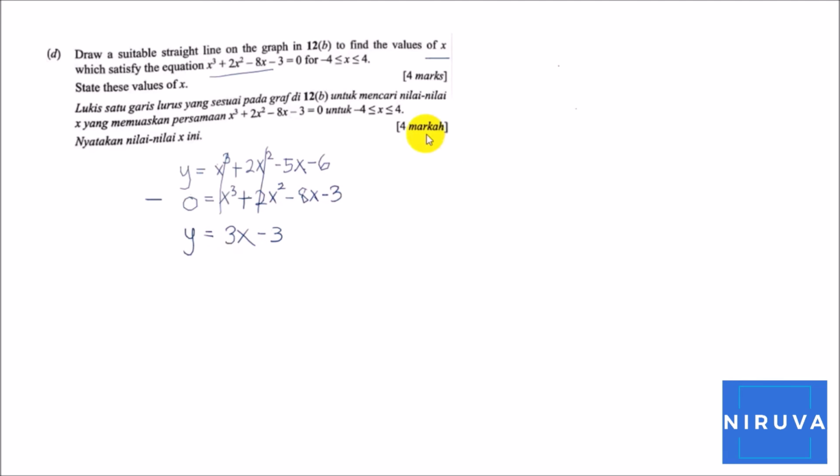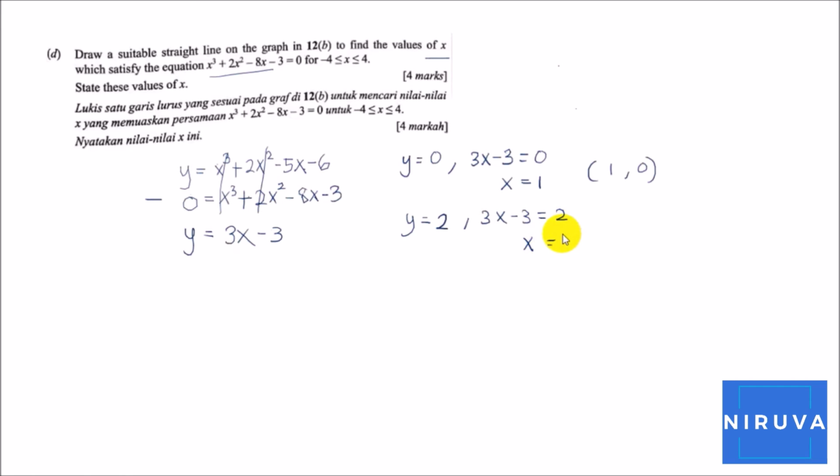Okay, so from here, let's say if y is equal to 0, substitute into the equation. We get x is 1. So we have (1, 0). And then if y is equal to 2, 3x minus 3 is equal to 2.